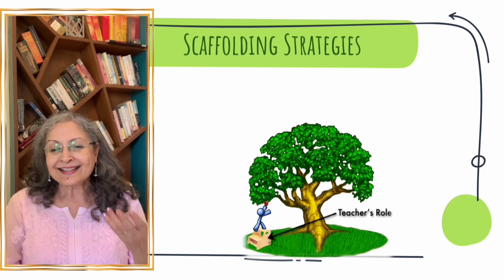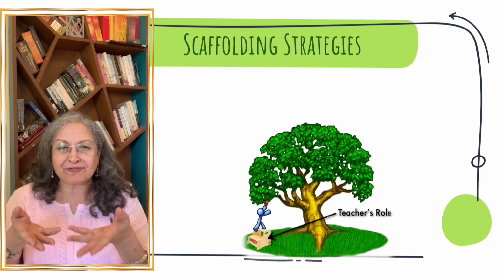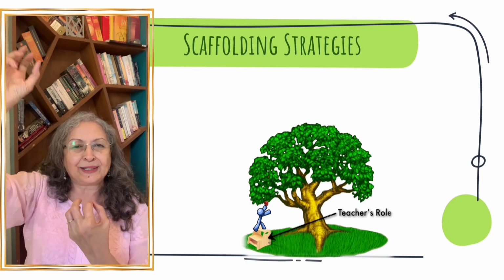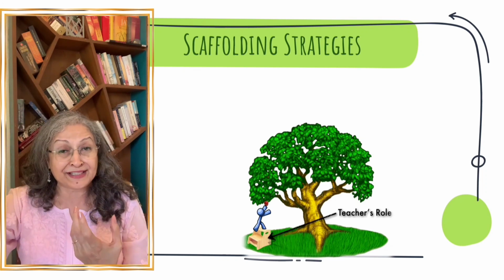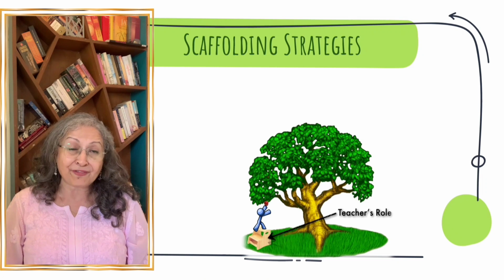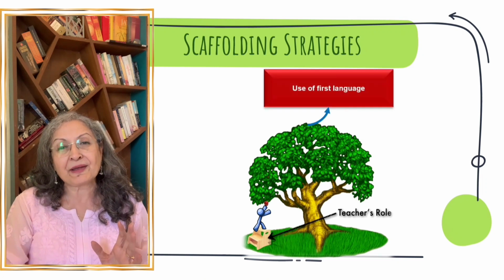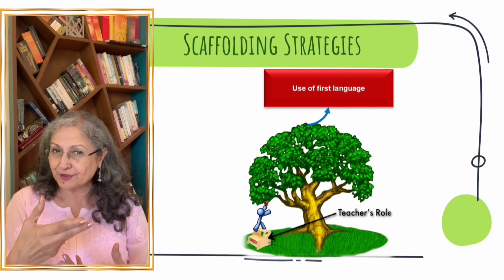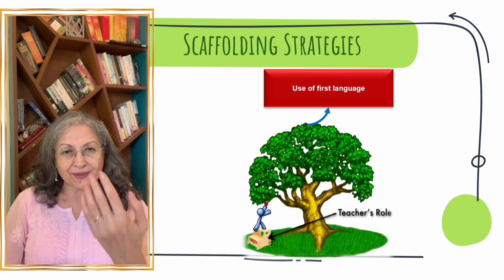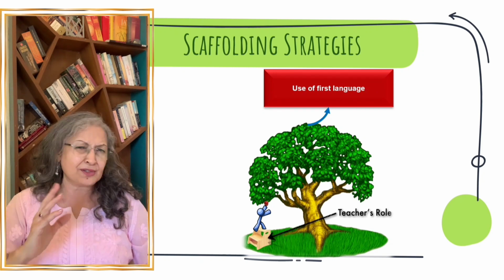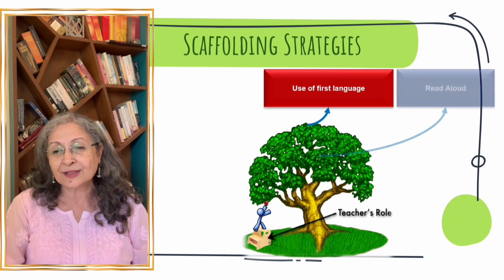Scaffolding strategies: there is a teacher's role. She puts the scaffold so that you can reach the goal of breaking your mango or breaking your apple or whatever it is you're really aspiring for. Now, these are strategies we're familiar with. Like I said, whenever we use first language as a bridge to come across to the language of instruction, which could be English in many of the schools.